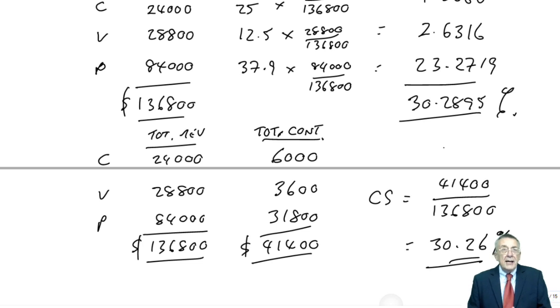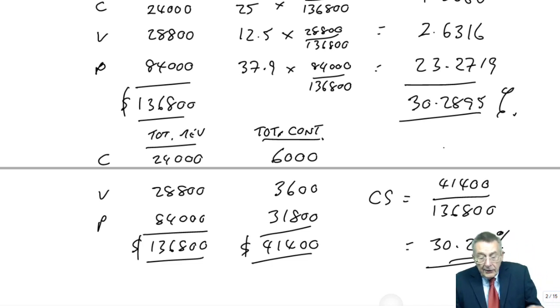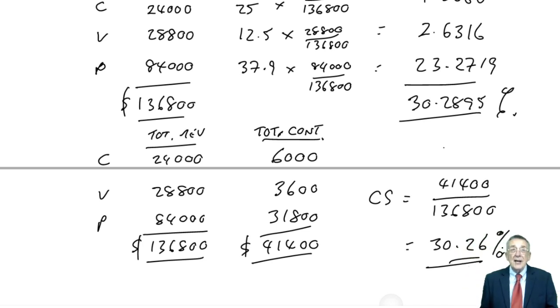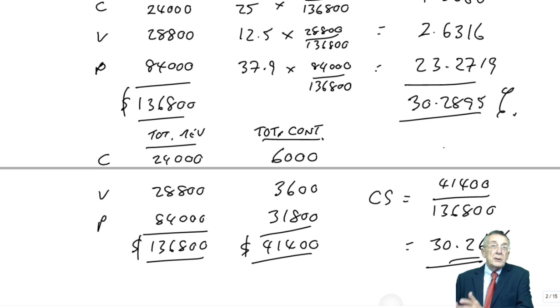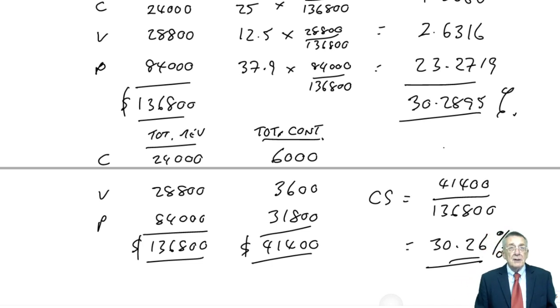You see, if it turns out that we sell twice as many of each of the products, then okay, the revenue and contribution are twice as big, the CS ratio will be exactly the same. And similarly, if we only sold half the budgeted amounts, provided it was half of all of them, the weighting's the same, the CS ratio will be the same.